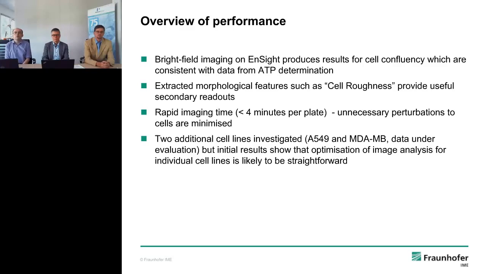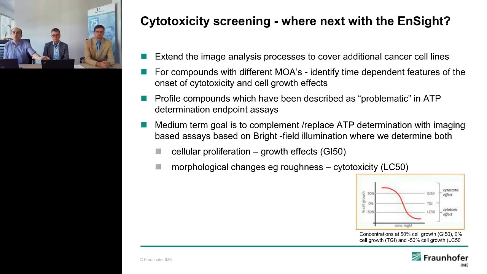I think that looks likely to be fairly straightforward so far, so the general applicability for these types of cell lines seems to be quite adequate. So where would we like to go next with the EnSight in terms of understanding how it can help with cytotoxicity screening?